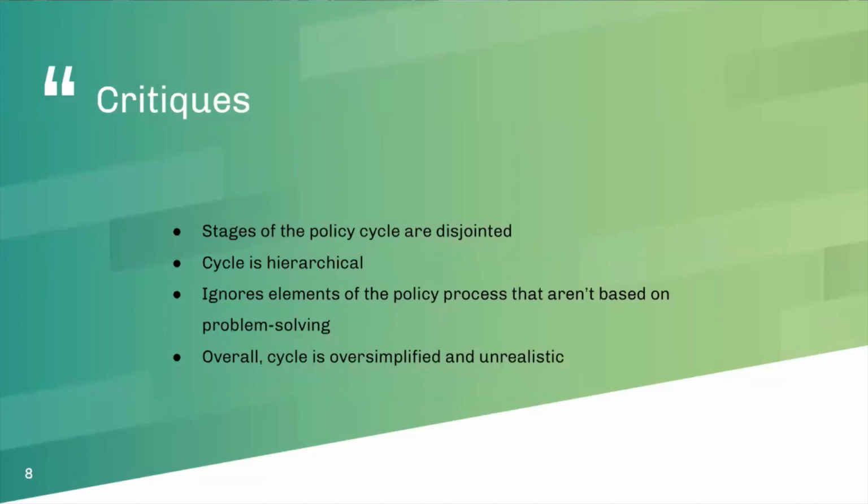Generally, critiques of the policy cycle state that the stages of the policy cycle can be disjointed. It's differentiated into these separate stages, and the argument is that the stages don't accurately describe the policy process because they all affect one another.